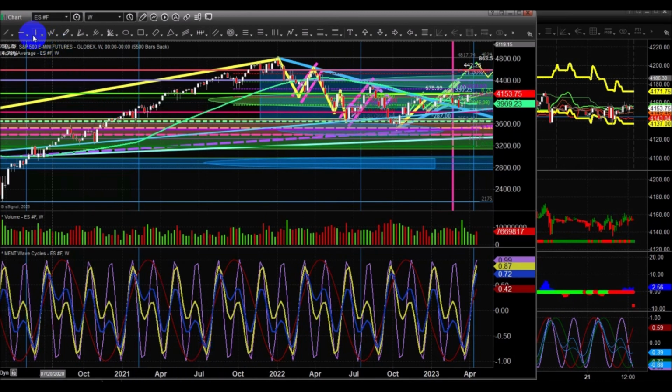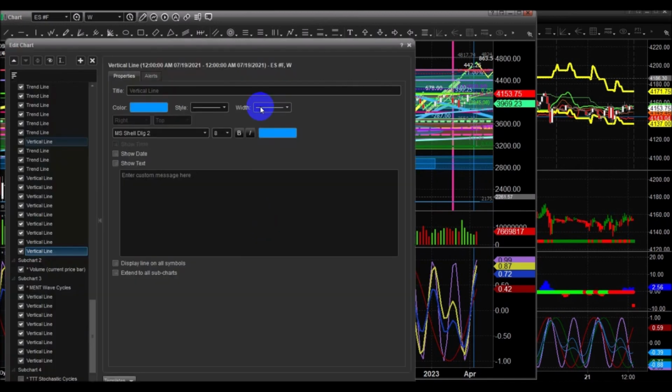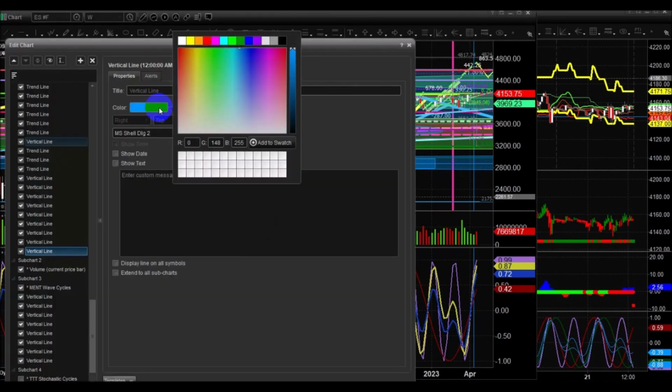So let me draw some vertical lines. And so we are going to draw this here. We've just bottomed. So let's take a look here. Change these to a different color. Edit. Thickness. Color.